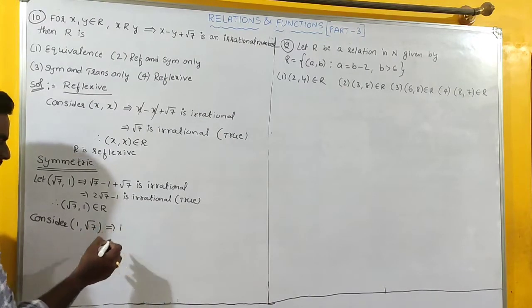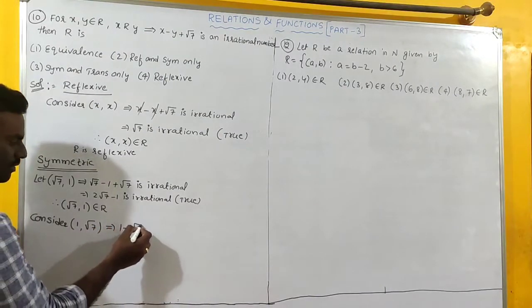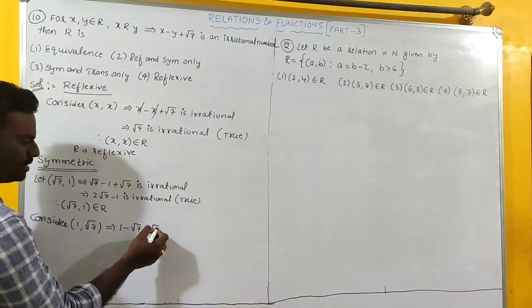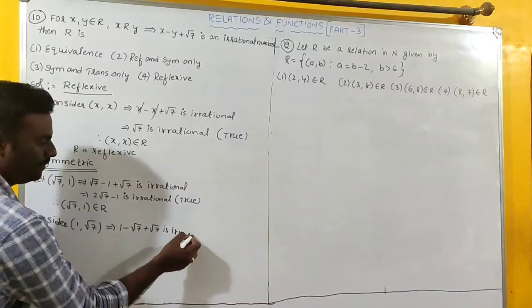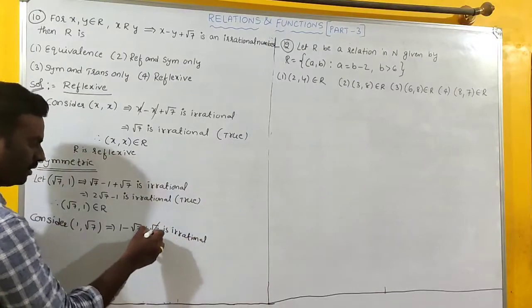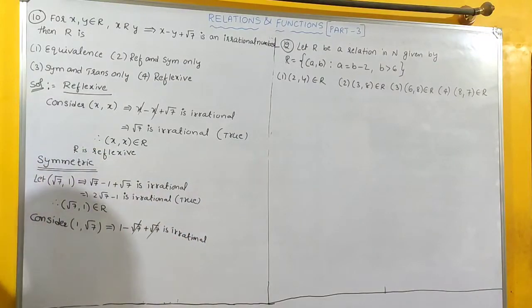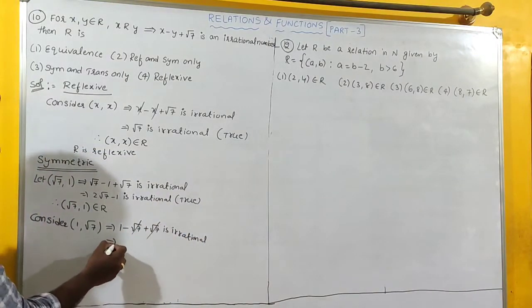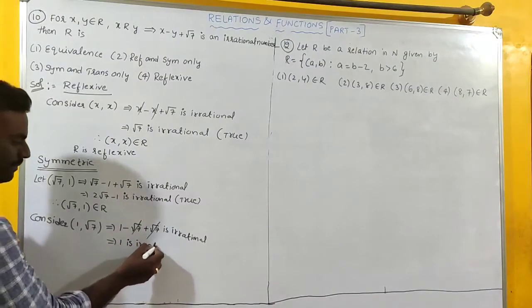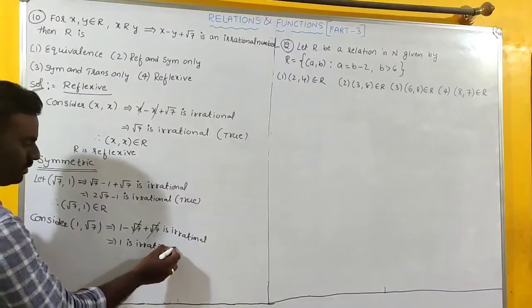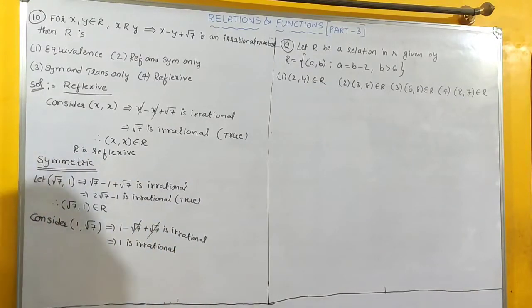That implies x minus y plus root 7 is irrational. Root 7 gets cancelled. Then 1 is irrational. The statement is false.